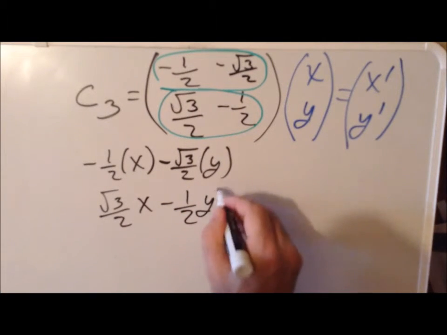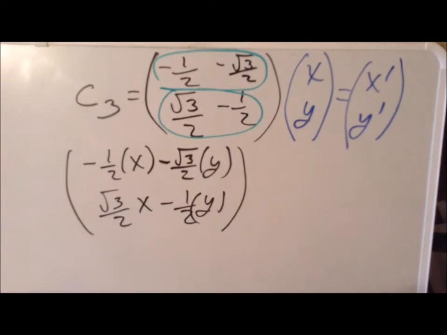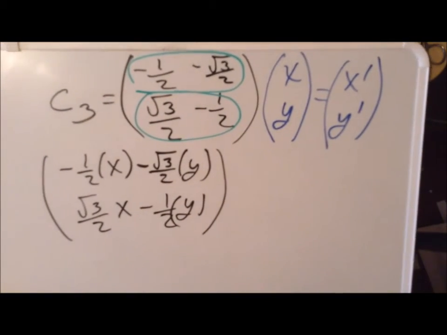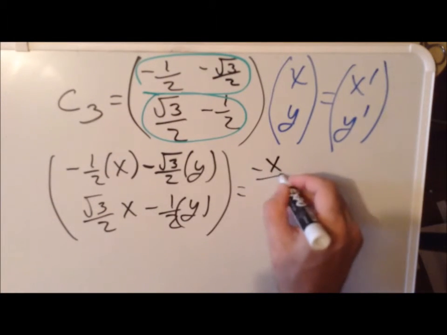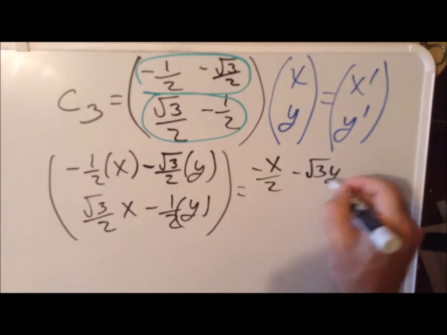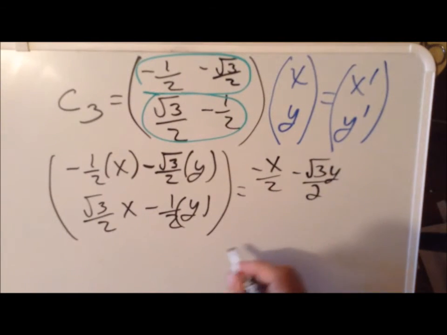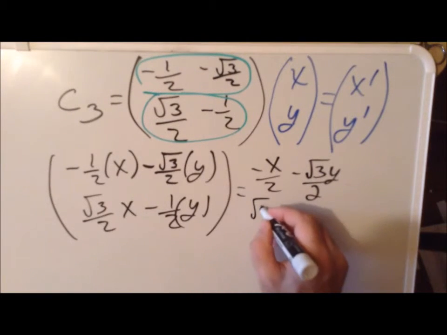And let me just simplify this just a little bit to make it look a little nicer. So we get minus x over 2 minus the square root of 3y over 2. And then the y coordinate is going to be square root of 3 over 2 times x minus y over 2.